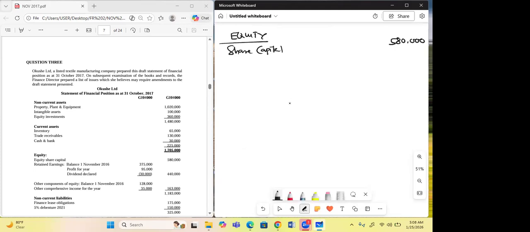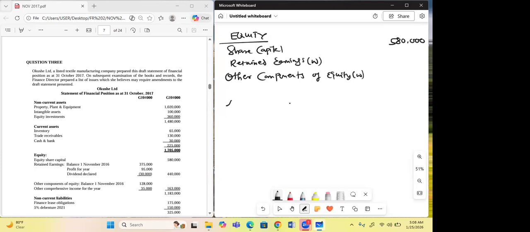So retained earnings, and then other components of equity. So all of them will be workings. We'll go and calculate that later.